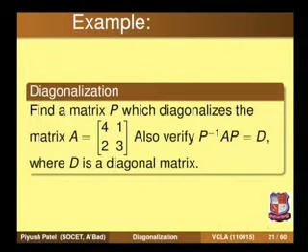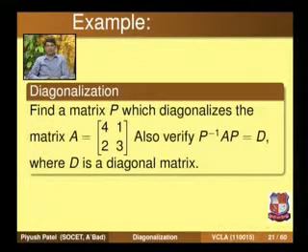In this example, we want to find the model matrix P which diagonalizes the matrix A, and also we want to verify that the similarity transformation gives the diagonal matrix, that is, P inverse AP will be a diagonal matrix. So here the matrix is a 2 by 2 matrix whose entries row-wise are 4, 1 and 2, 3.